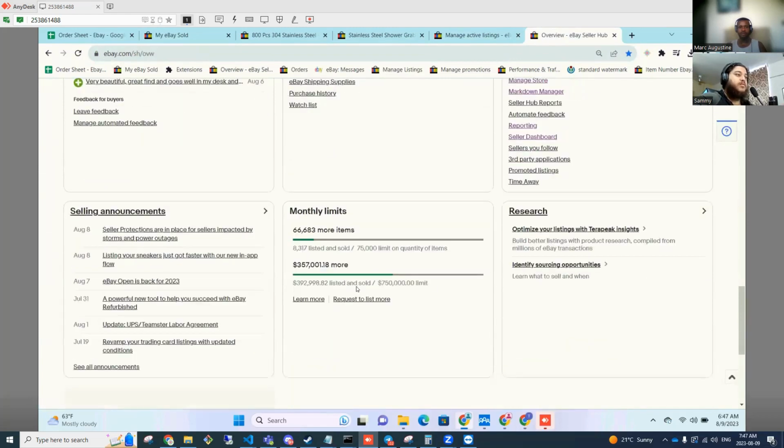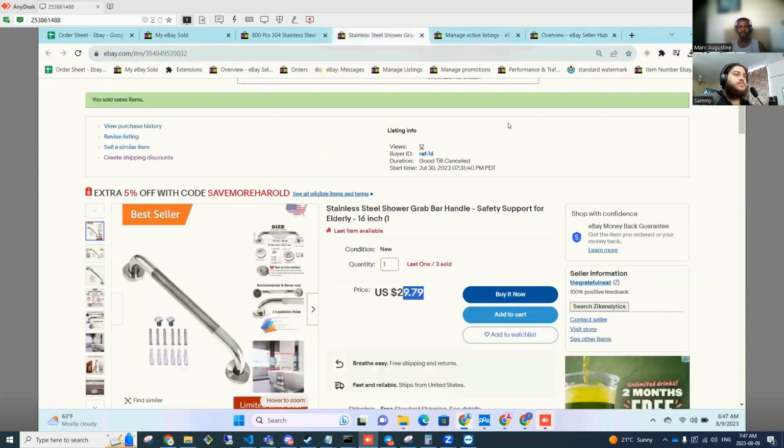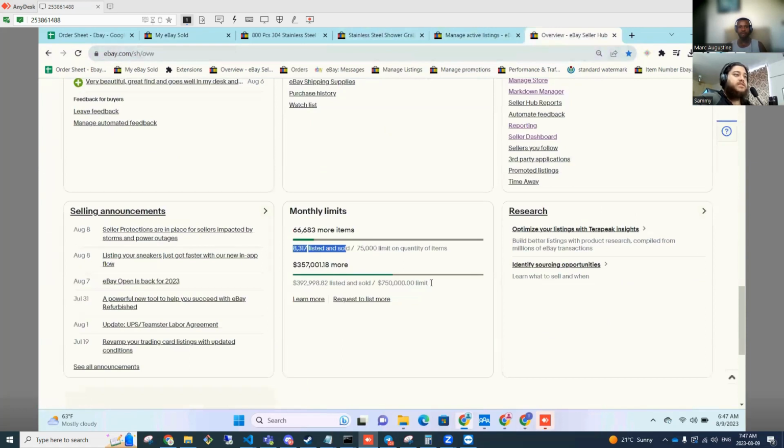See this number, if I put a quantity of 1,000 of that item, it's going to be 1,000 times $30. And it's going to add $30,000 into this total, my limit, right? So to prevent my total dollar limit from being used up too quickly, I put one quantity, and if it sells, I put 3.